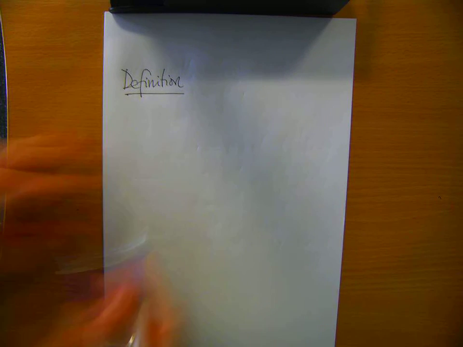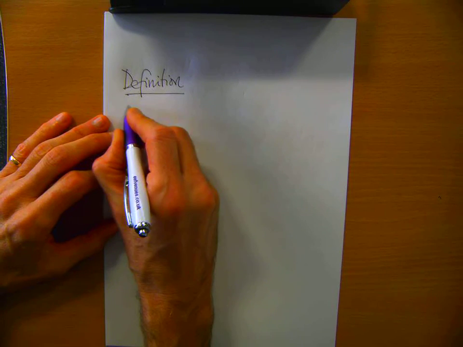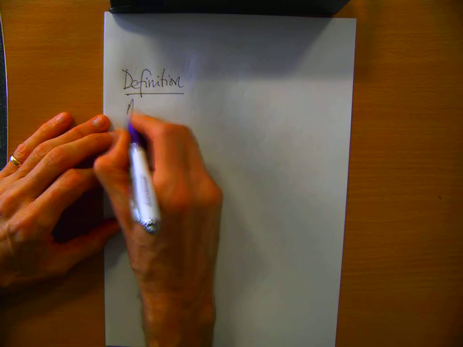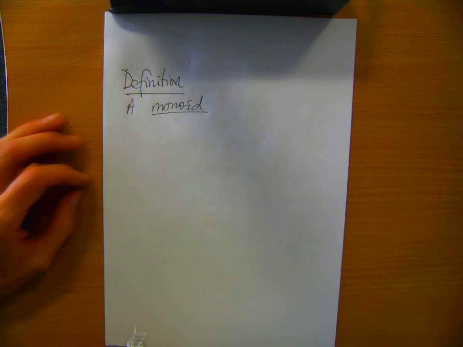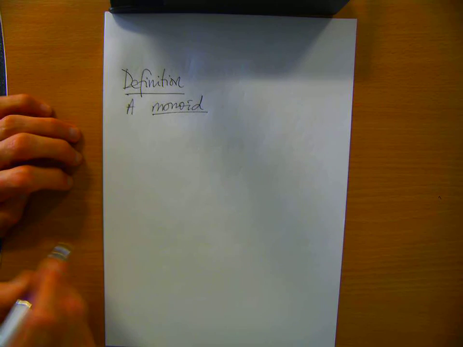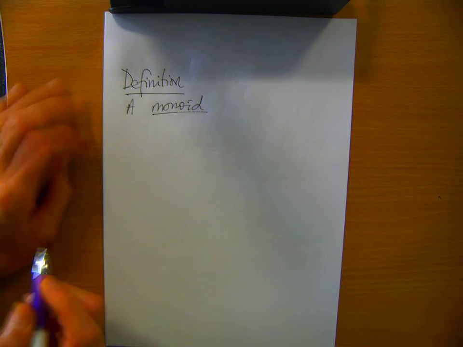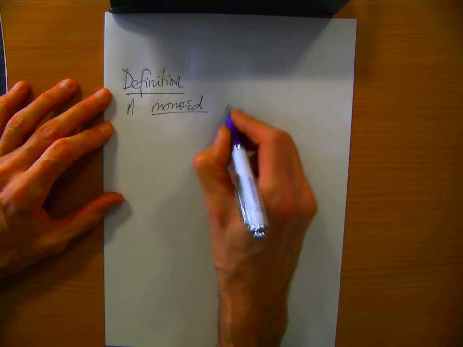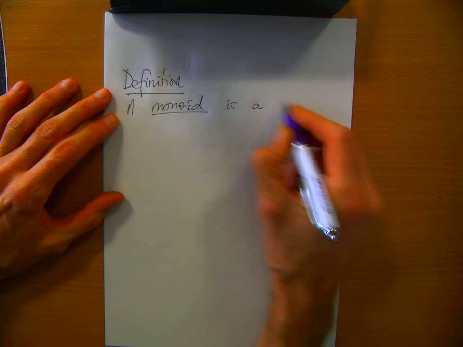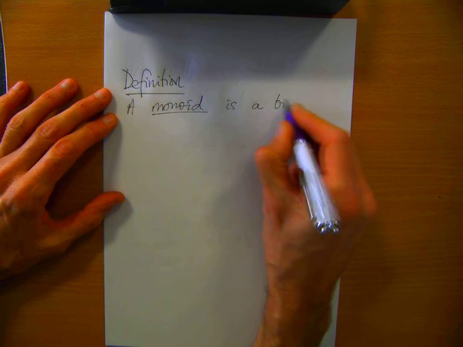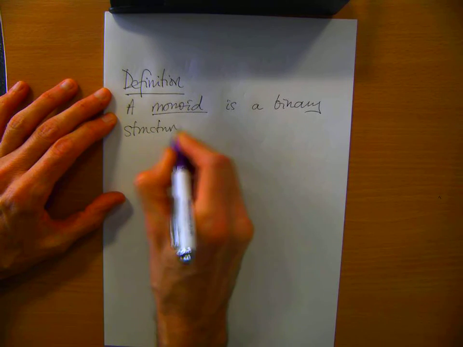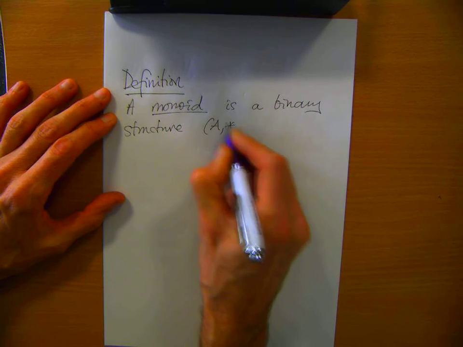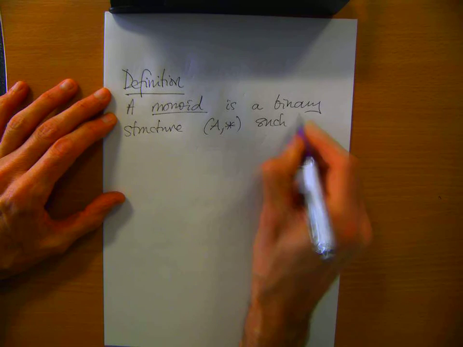So a monoid, a word with Greek origins, is a binary structure A star such that, well, it's not an arbitrary binary structure.